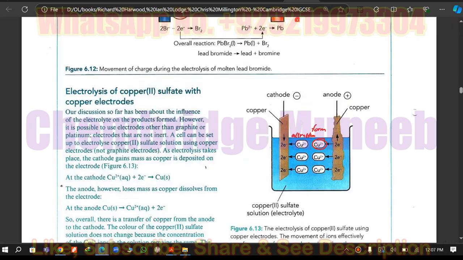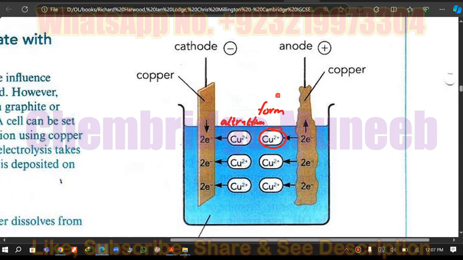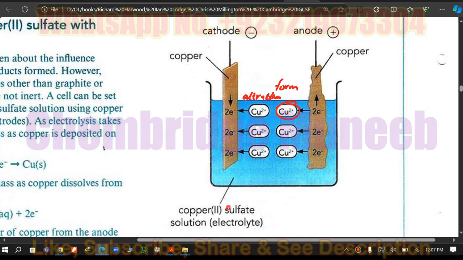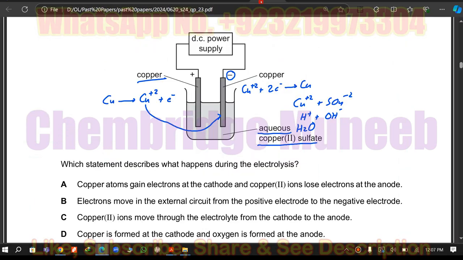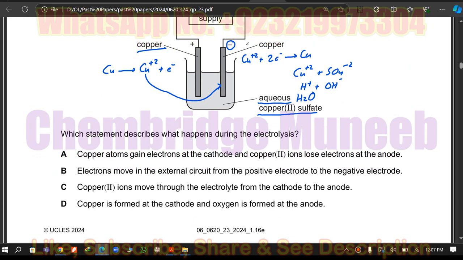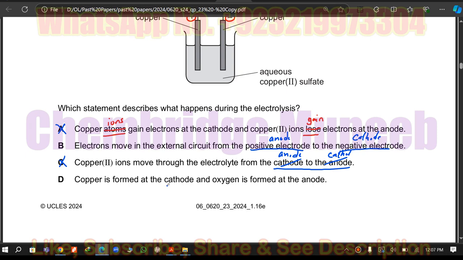Just like in this diagram, you can see that the two electrodes are made up of copper and the solution contains copper sulfate, but here the ions are only copper ions, because at the anode the electrode is made of copper, so they are oxidized into copper ions and then they move towards the cathode to get reduced. So in this case option D states that copper is formed at the cathode.